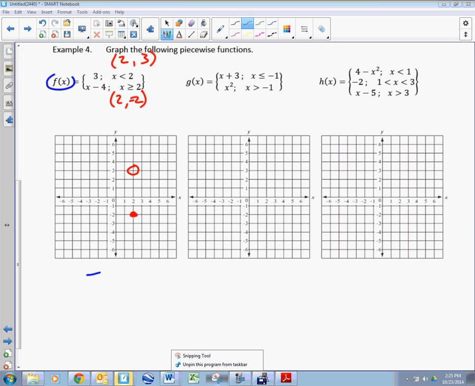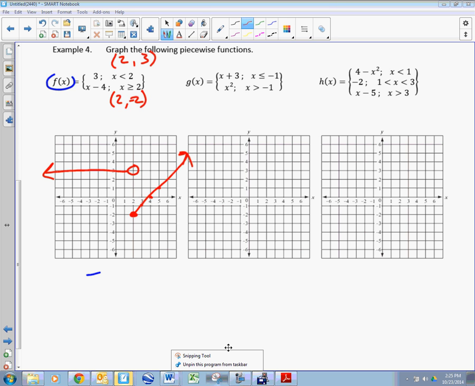Now, I want the graph of 3 off to that side, and x minus 4. What's the slope of that line? 1. So from this point, I could just go over 1 and up 1, over 1 and up 1, over 1, up 1. This line that I've drawn here, some people don't like that because they say, hey, you didn't cross through -4.